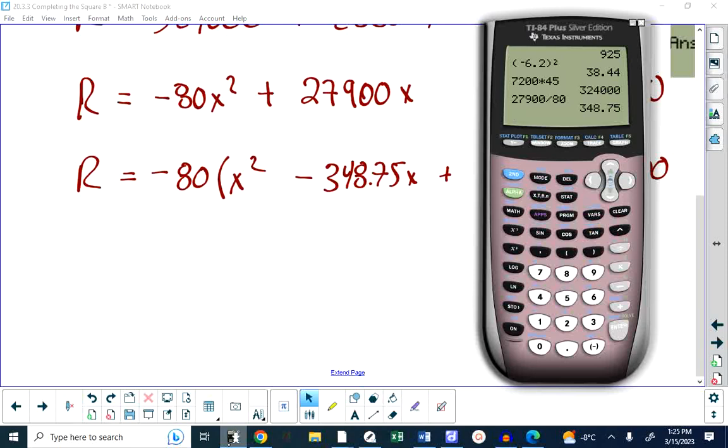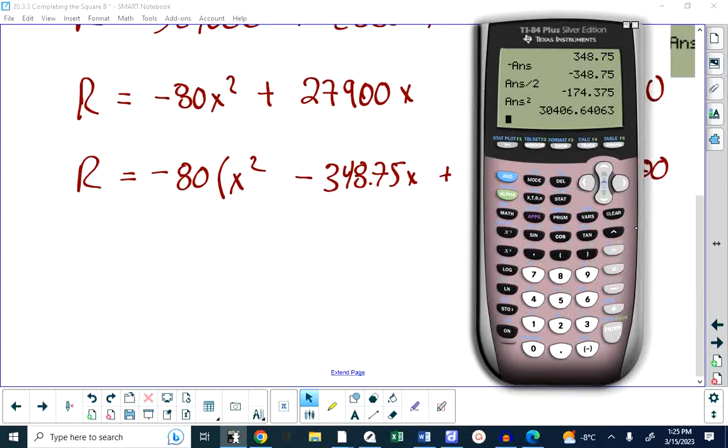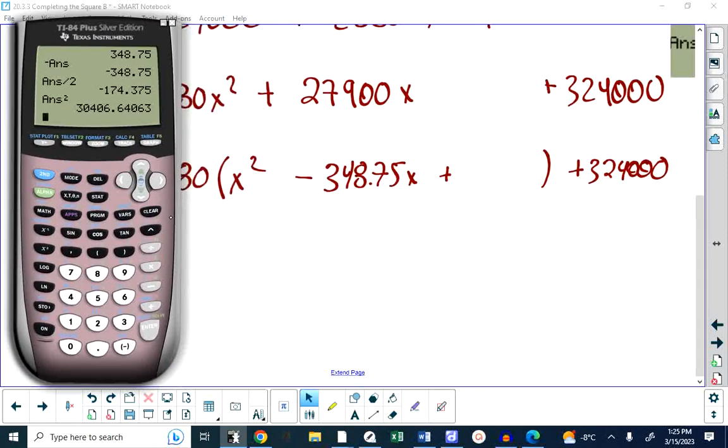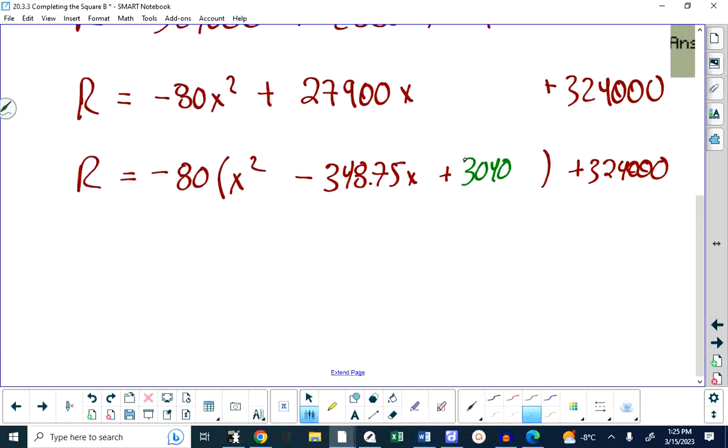I need to take this number, it's actually negative of this. I need to divide it by 2 and then square the result. This is the number I need to add inside of the brackets. 30406 point something. I didn't write down all the decimals, we don't need to. We need to use all the decimals when we multiply these two numbers, though.